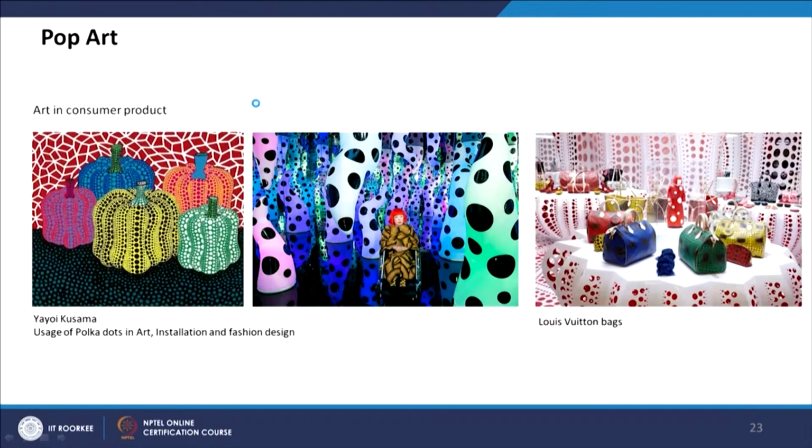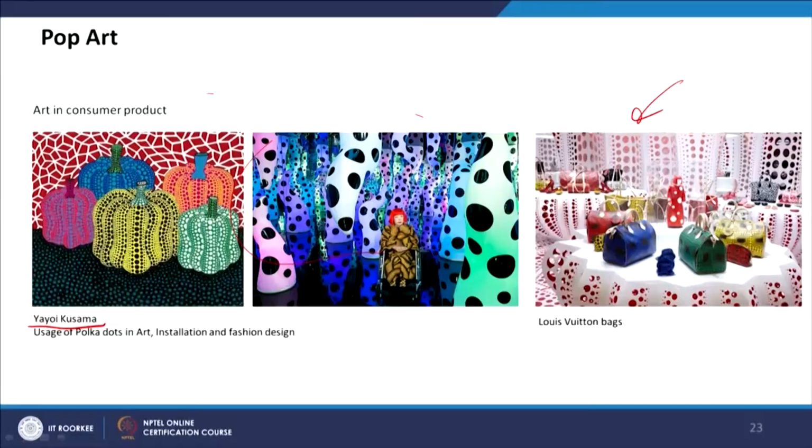Another example is the painter Yayoi Kusama. She uses polka dots to create installations as well as graphic design, and she also has a collection of Louis Vuitton bags and accessories, where she also uses polka dots.